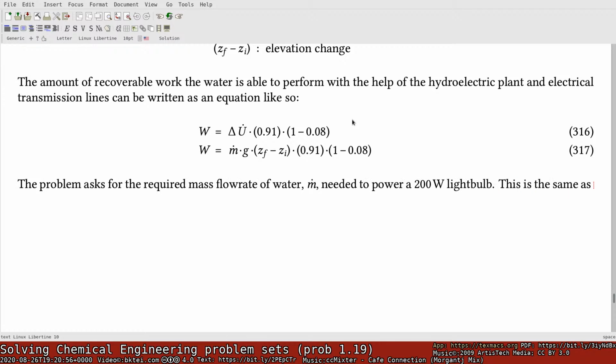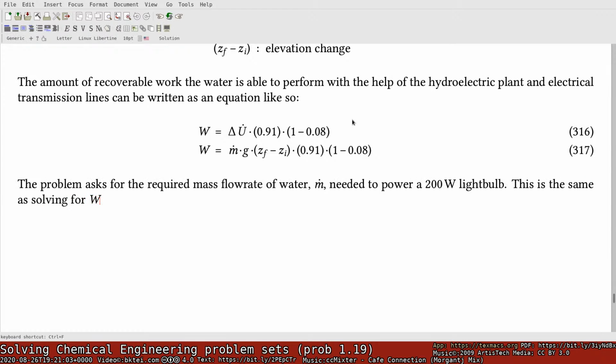This is the same as solving for W. The variable W, no, excuse me, same as solving for m dot given W, with ZF minus ZI equals a fall of 50 meters.